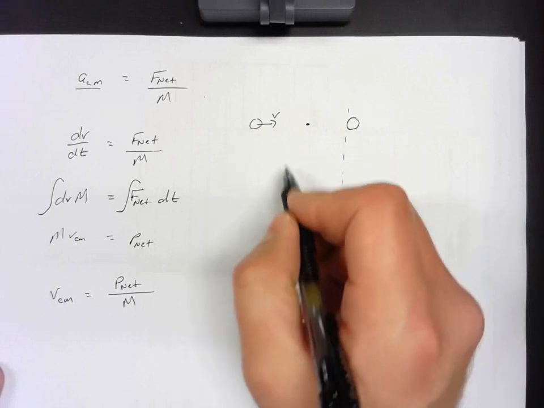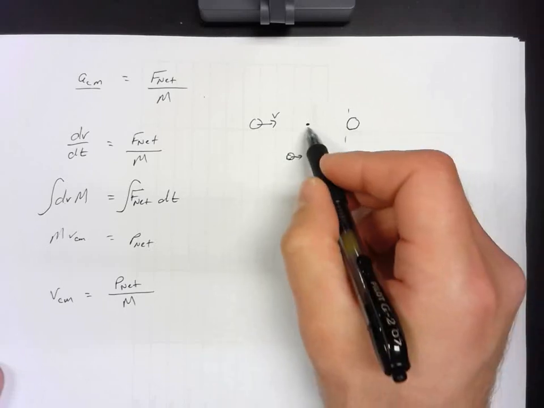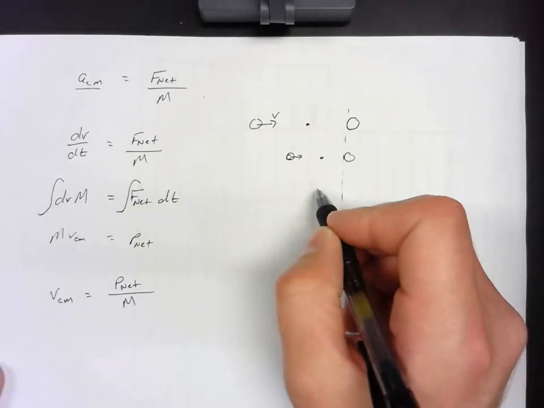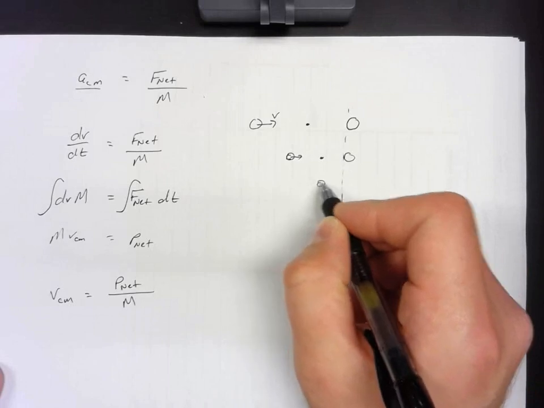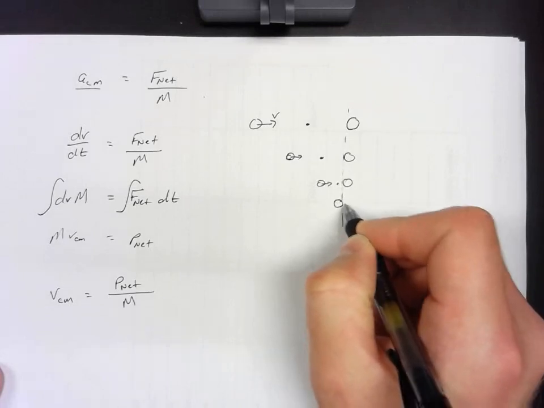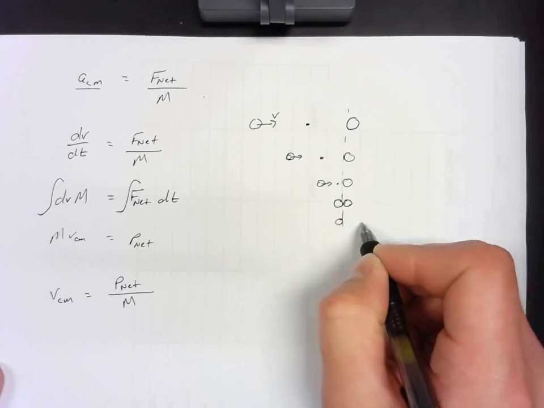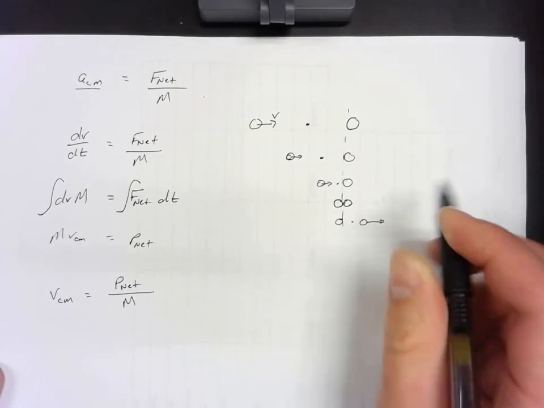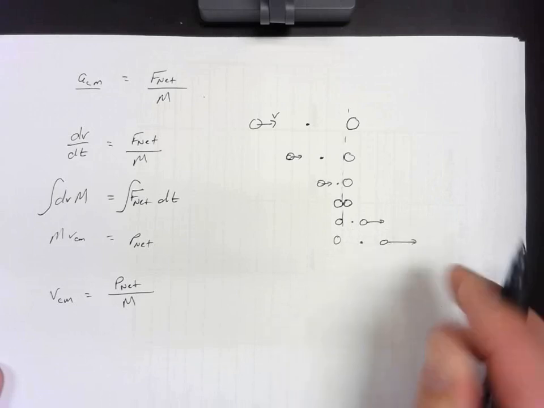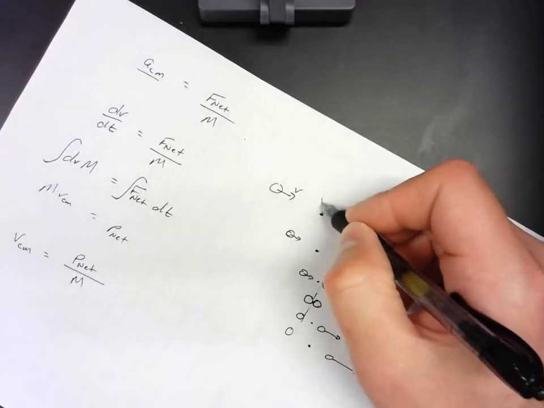At some time later, this ball has moved some distance, this ball has remained stationary, the center of mass has moved closer to the other object, and then it just keeps happening until there's contact, and then this one begins to move away, at that speed.